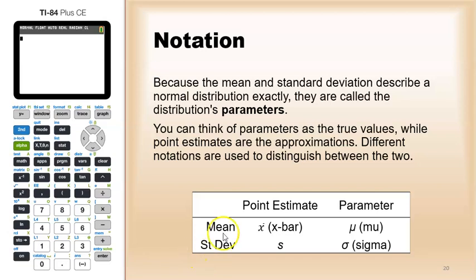So, the mean, typically when we're talking about point estimates, we use x with a bar over it, x bar. The parameter is going to be this Greek letter mu. Kind of looks like an M, sort of a U-ish M shape, but the Greek letter mu. For standard deviation, we use the letter S. The parameter is going to be the Greek letter sigma, which is the Greek letter for S.